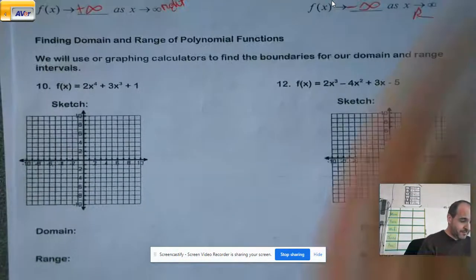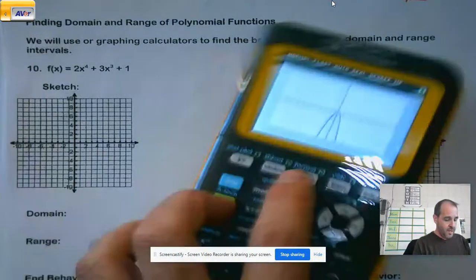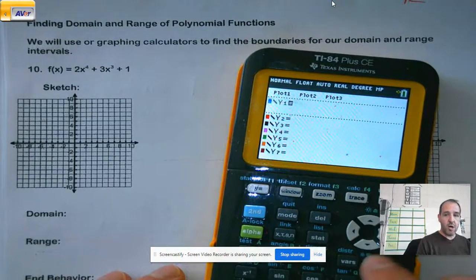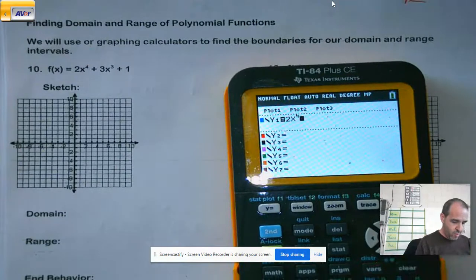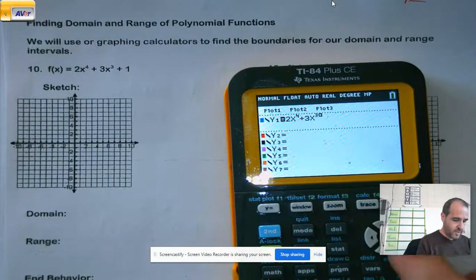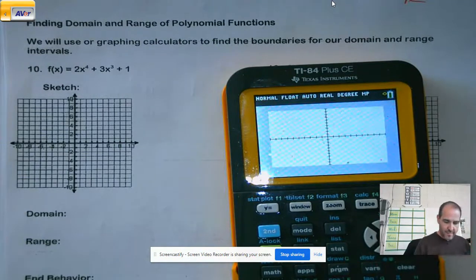All right. So now, graphing calculators, we're going to find domain and range. We're going to add one more piece to this. So here we're going to want to be a little more careful with our graph and not just completely sketch. So make sure we hit that right arrow when we're doing exponents to make sure that we get it done right here. So I'm going to get an idea of my graph by looking at it this way. Ooh, that's kind of funky.